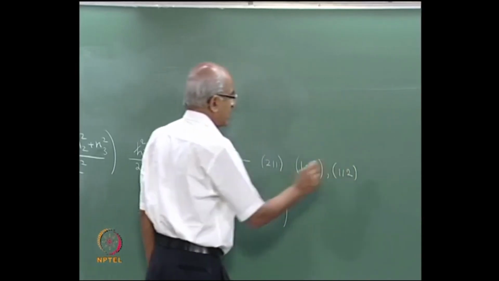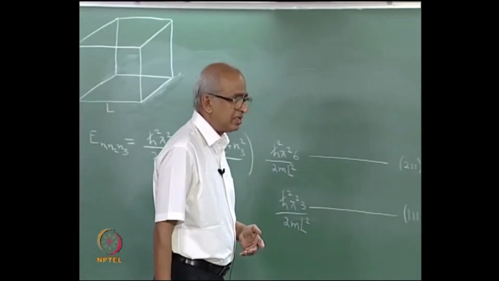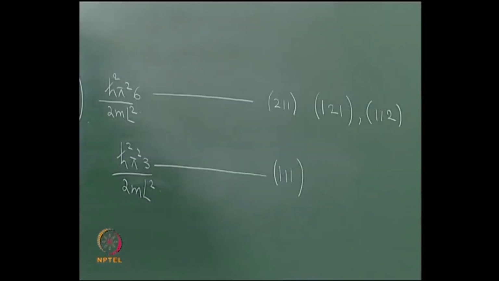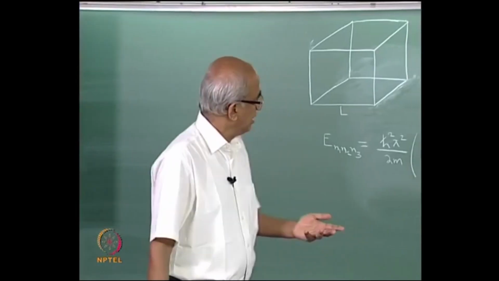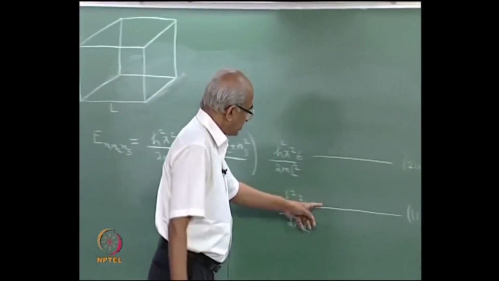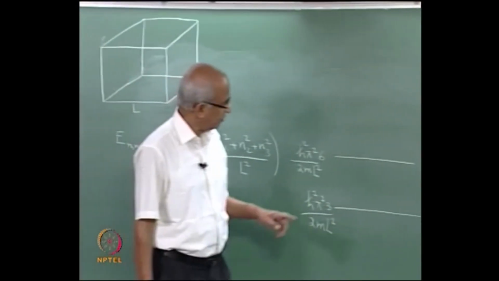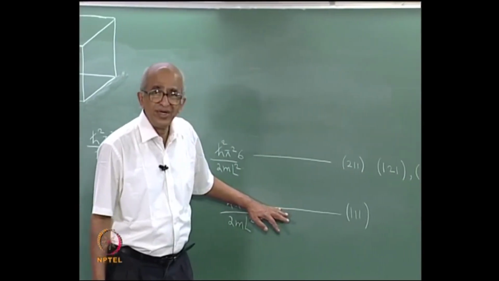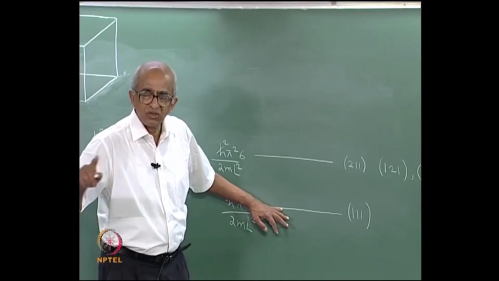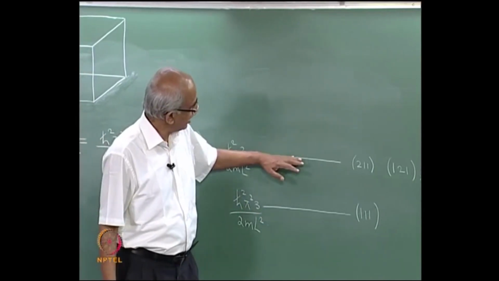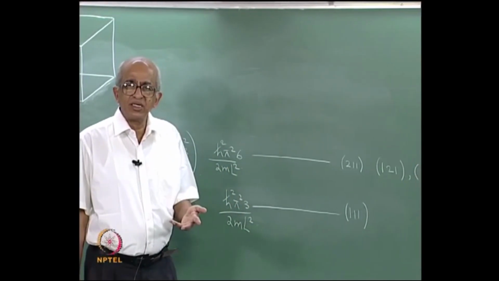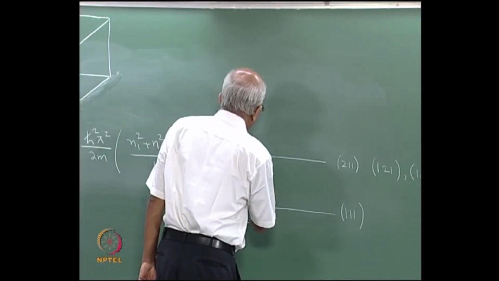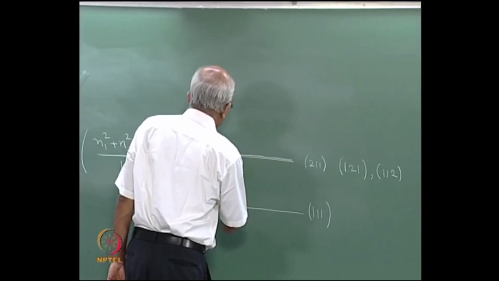This also has precisely the same energy, and therefore, one says that this energy level actually has 3 states associated with it, not 1. This one has only 1 state associated with it, and therefore, we would say that this energy level is non-degenerate, meaning that there is only 1 state. This energy level we will say it is triply degenerate. There are 3 states, and usually what we do is we indicate that by drawing 3 lines close to each other.